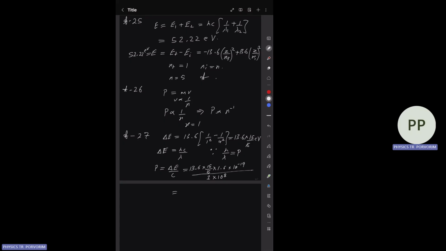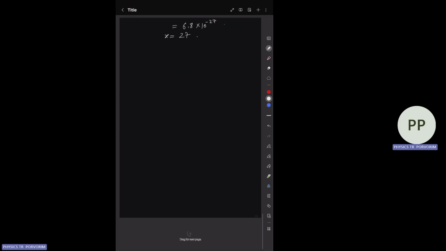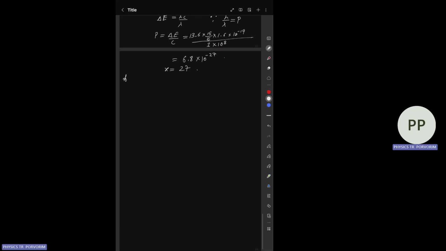Okay, when we solve this, we'll have 6.8 into 10 to power minus 27. And the value of x is 27 now, right? So question number 27 has answer 27. Now the 28.